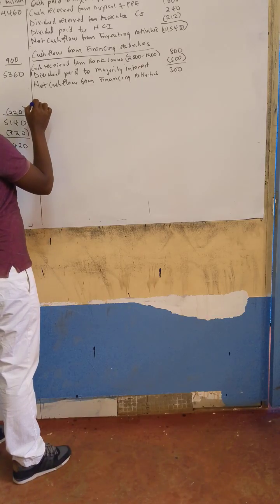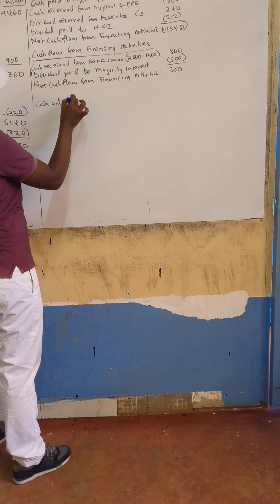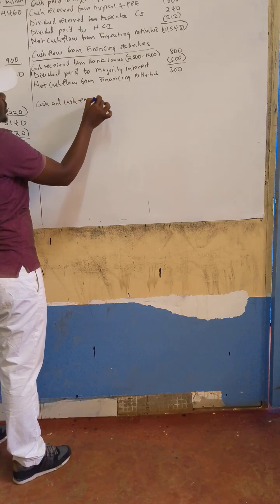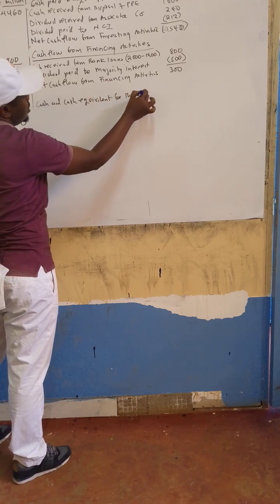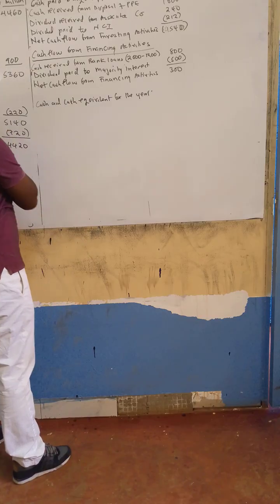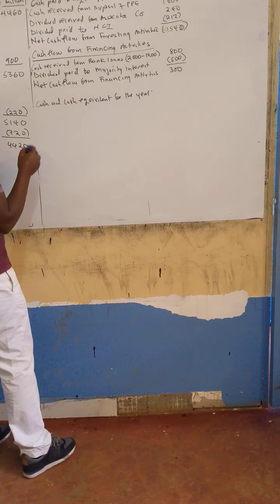So let's now look at, of course, cash and cash equivalent for the year. We're going to add the net cash flows.